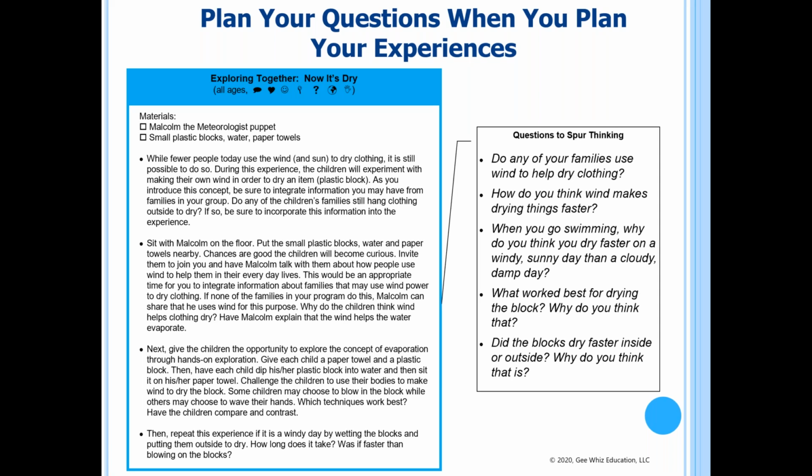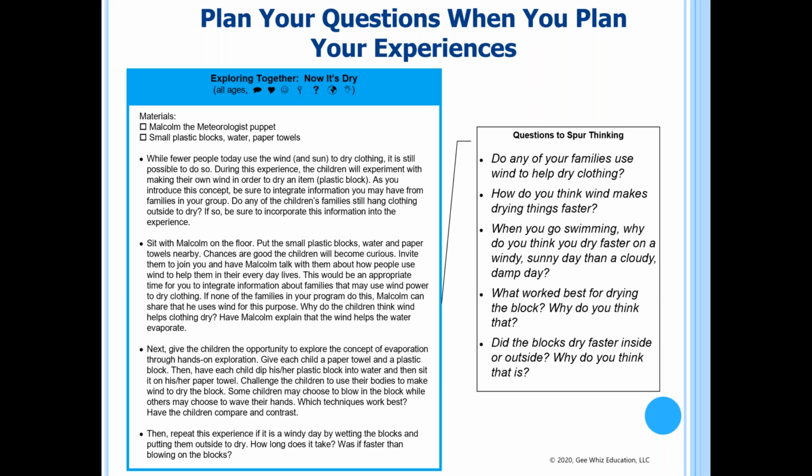So this is an example of an activity from one of our units called Now It's Dry. I believe this whole unit was about wet opposites, like wet and dry, in and out, and up and down, and I don't even remember. But anyway, in this experience, the children are experimenting with water, paper towels, and plastic blocks. As part of this, in the box you see questions to spur thinking.